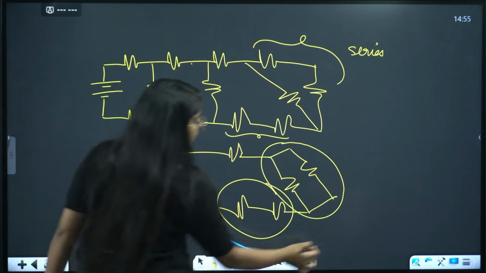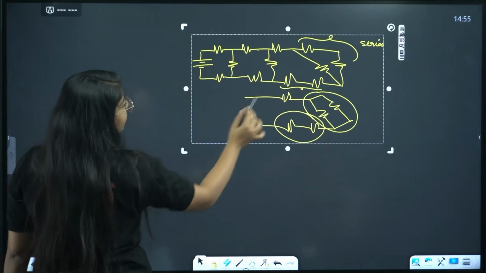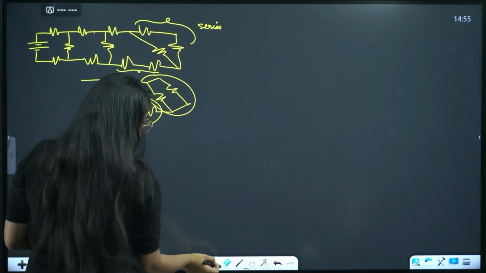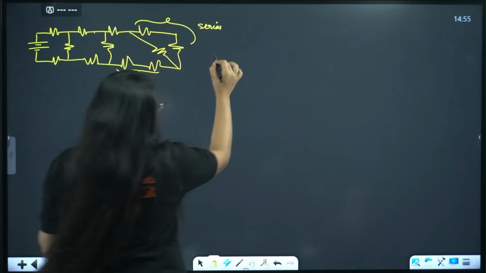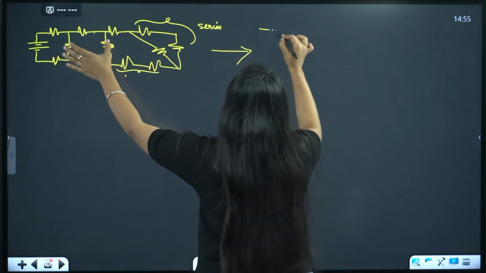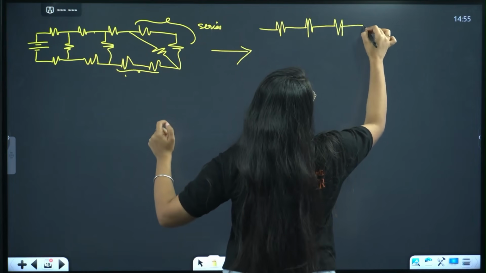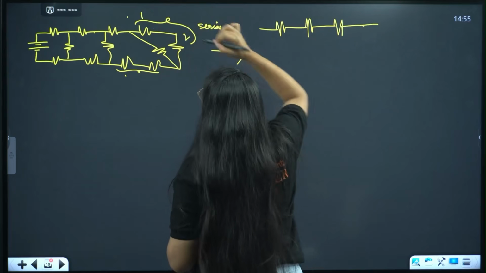Wait a second. You just don't panic. Okay, so see, how will you get this? Let me mark this. Okay, if you solve this, what will happen? This one, second, third, and this we solved, right? This and this circuit, first and second, we already solved.